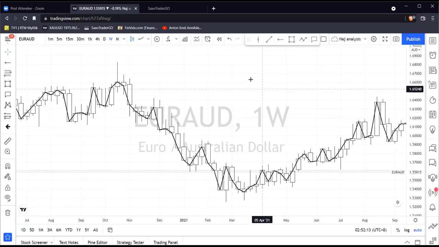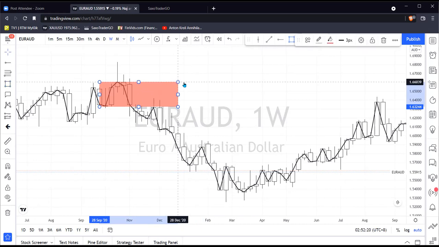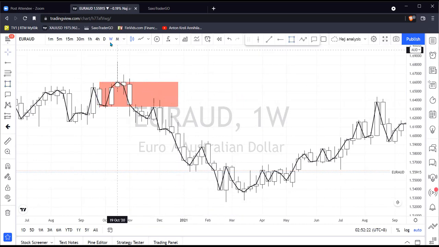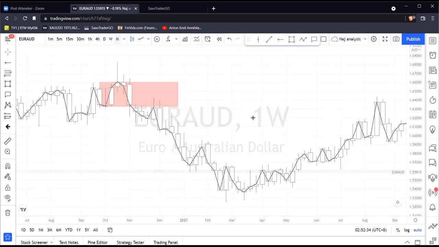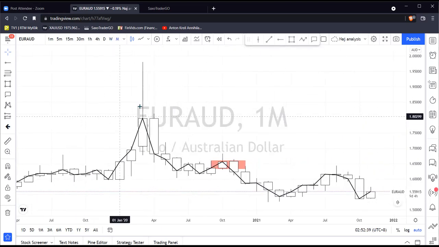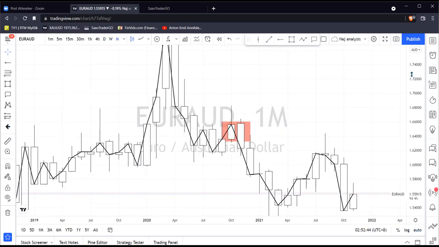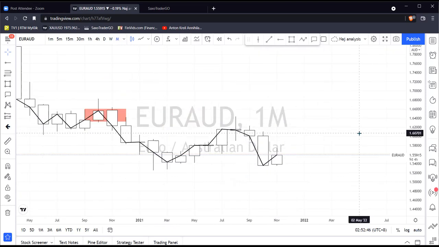So first of all, mark the breakout. One thing to remember, when you mark the breakout, our TP will be one time frame higher, which is monthly. That's the beauty of TradingView.